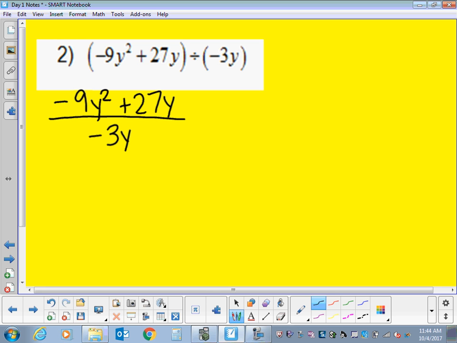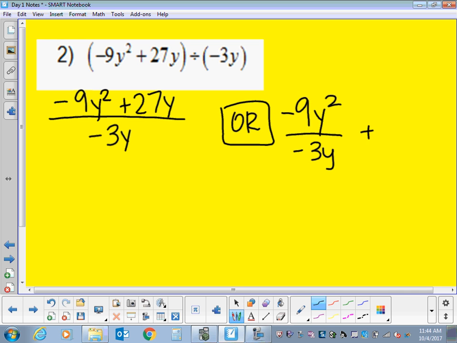You can write it that way, or my first class liked this better, of just splitting it up: negative 9y squared divided by negative 3y plus 27y divided by negative 3y. So all we did was split up the negative 3y with each piece. You can do whatever one makes sense to you.